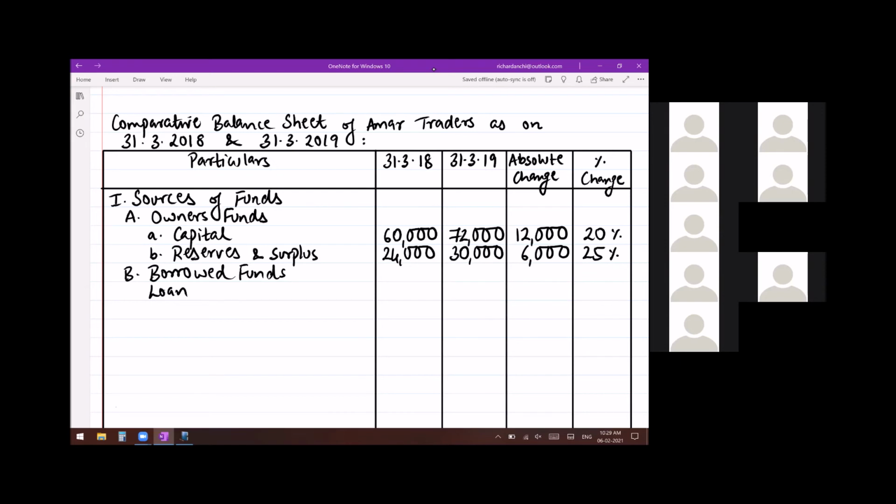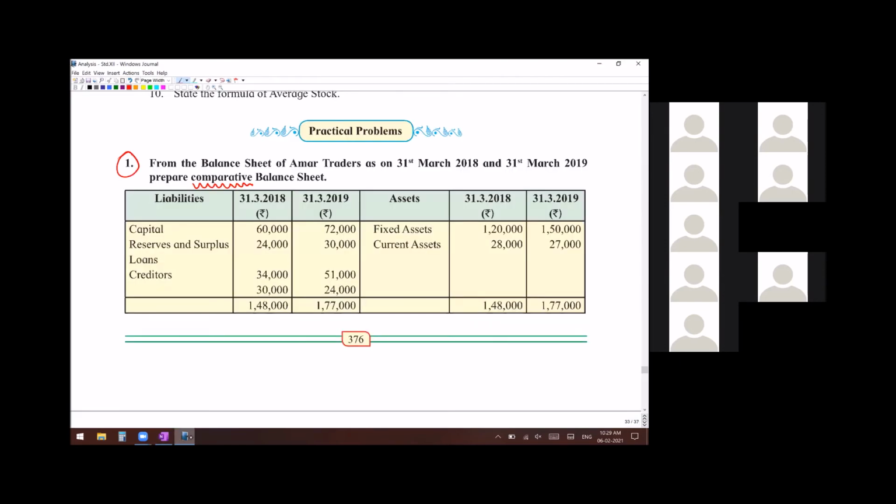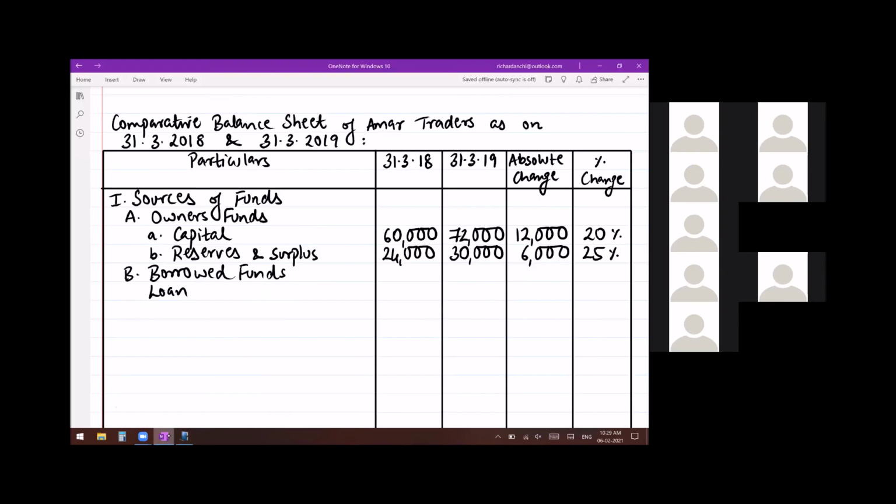Just look carefully. The amount given is misprinted there a little. One line below they have printed. Okay, so loan is 34 and 51. Let's write that in our statement. For 2018, 34 and 2019, 51.